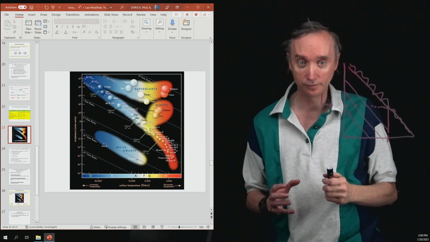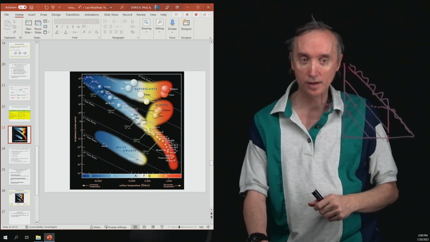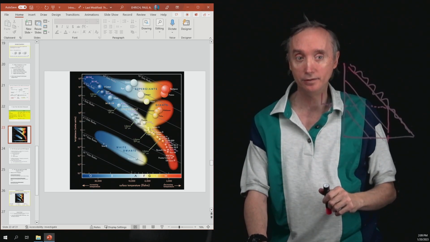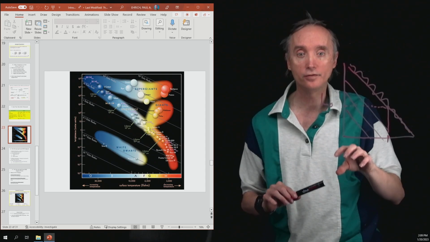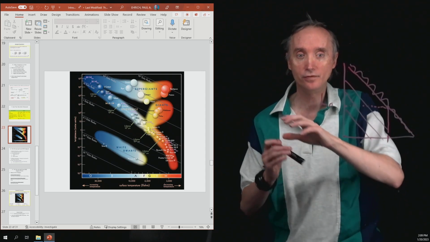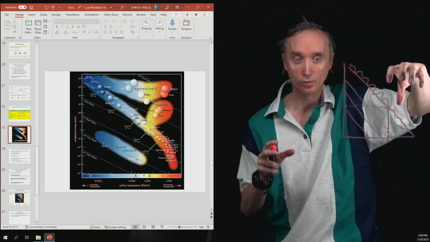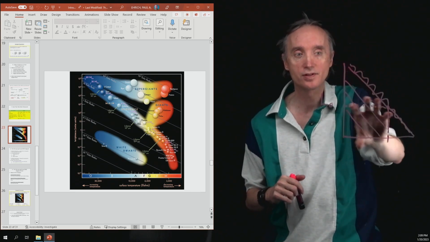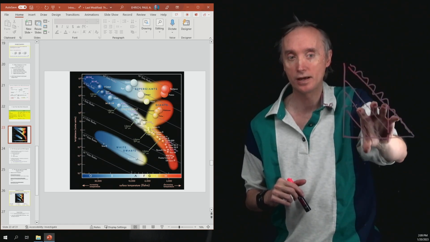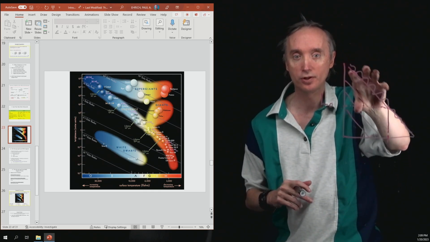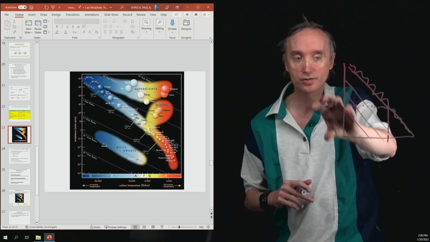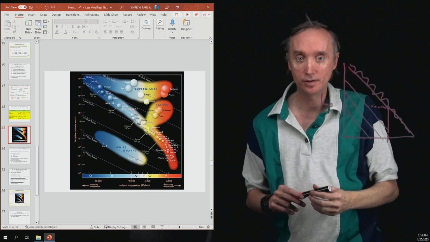They are living. But then when they start to die, they go off the main sequence. Now they're not physically moving through space. This is not a map of outer space. This is just showing you where the various properties of these stars are at.